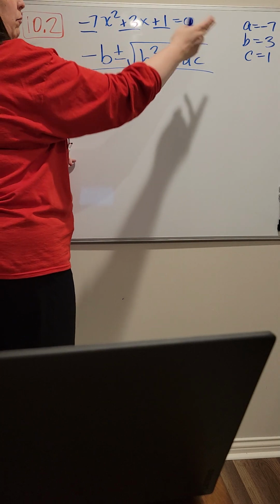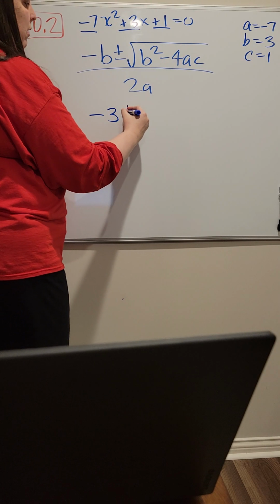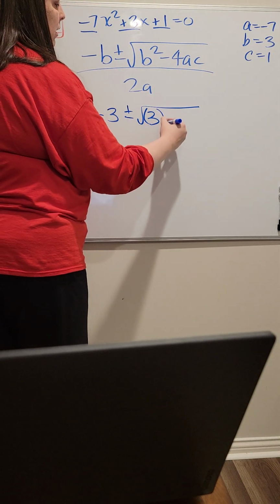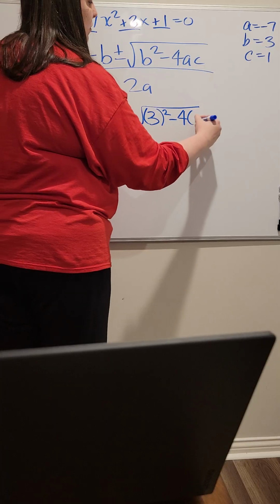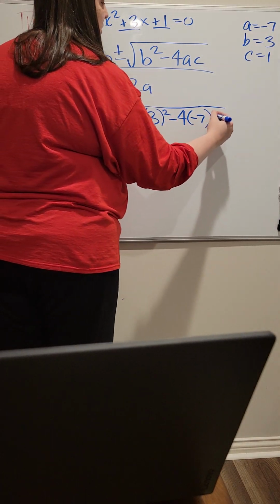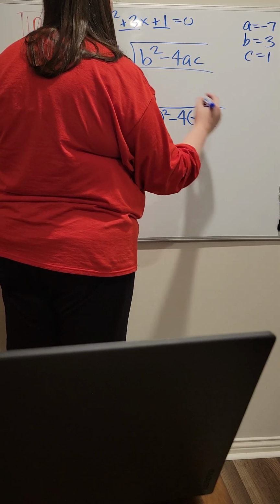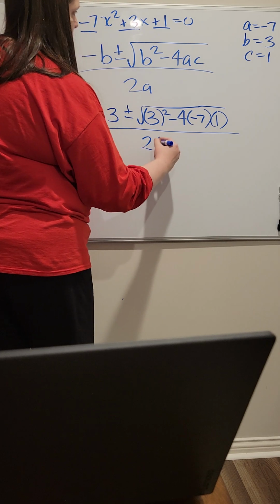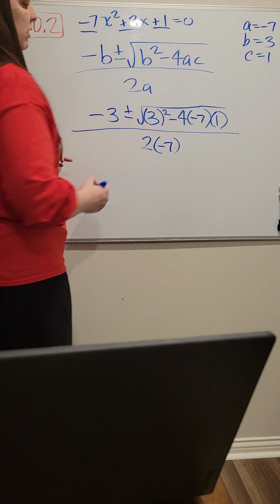And if I had a negative b, I'd want a positive here. And then b squared would be 3 squared, minus 4 times a, which is negative 7, times c, which is 1, all over 2 times negative 7.